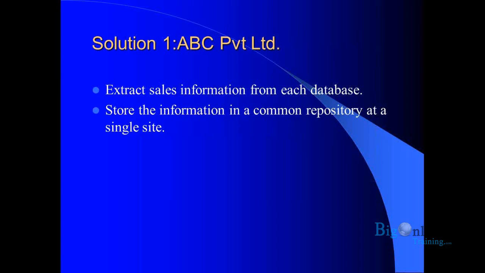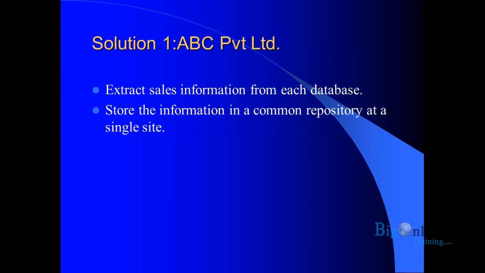To overcome this issue, we extract the sales information from each database and store it in a common repository at a single site, which is again another database, but we call that a centralized database. How do we extract the information from all those branches and load it into the centralized database? By using ETL tools.